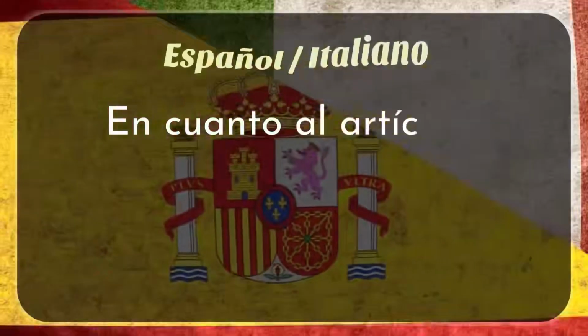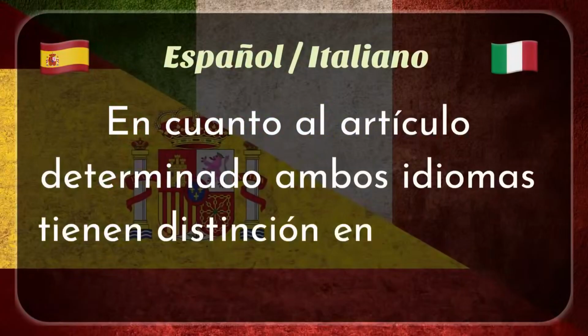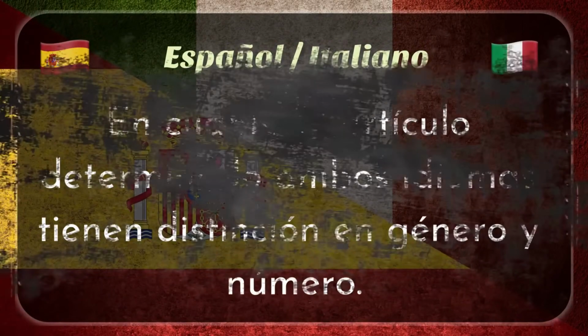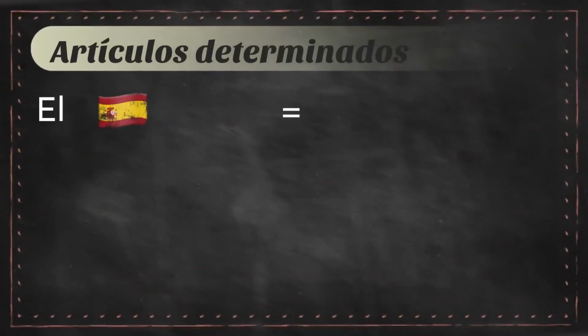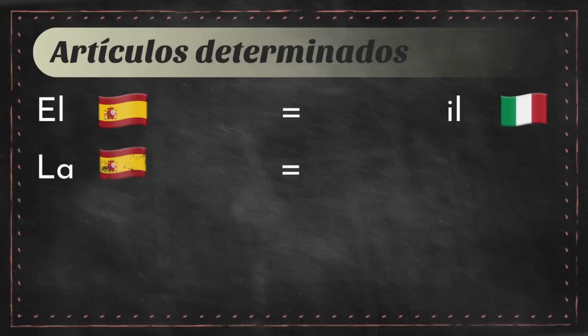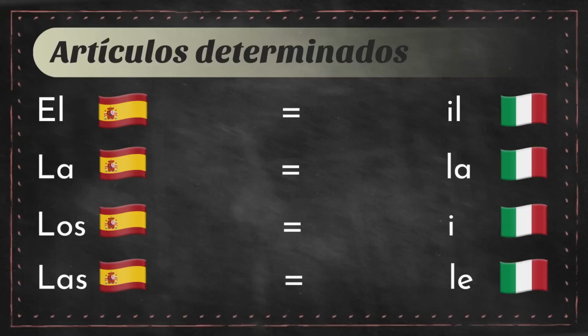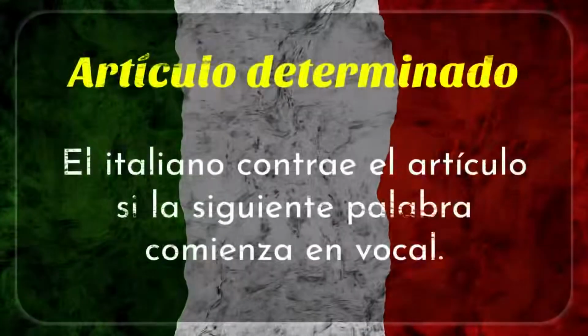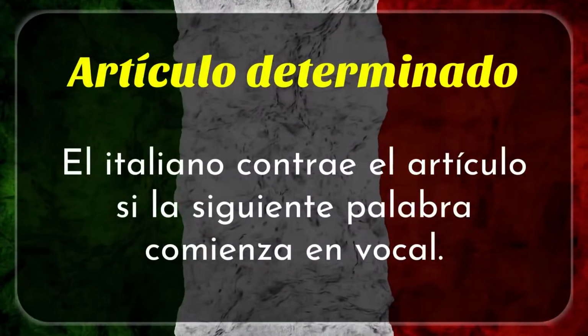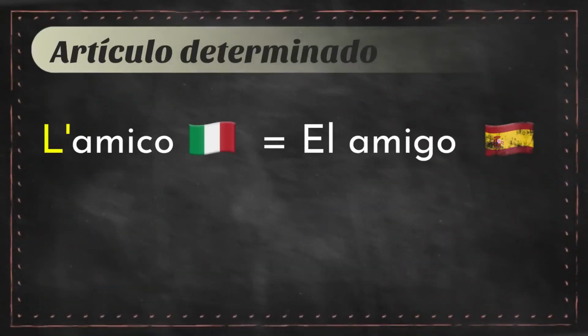Regarding the definite article, both languages have distinctions in gender and number: el, il, la, la, los, i, las, le. Italian contracts the article when the next word starts with a vowel: l'amico, l'aquila.